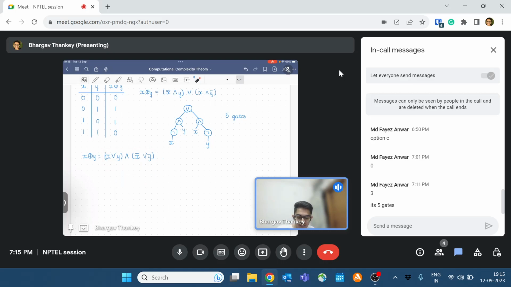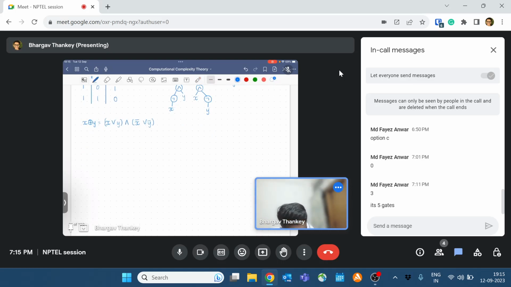And now let's see what happens when we use this description to compute a circuit. This gives us the following circuit: an AND of two ORs, with inputs x, y and NOT gates.